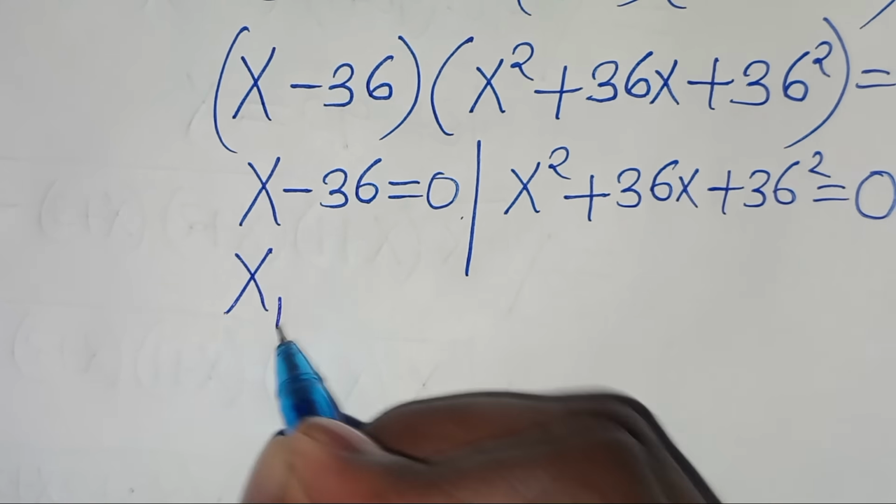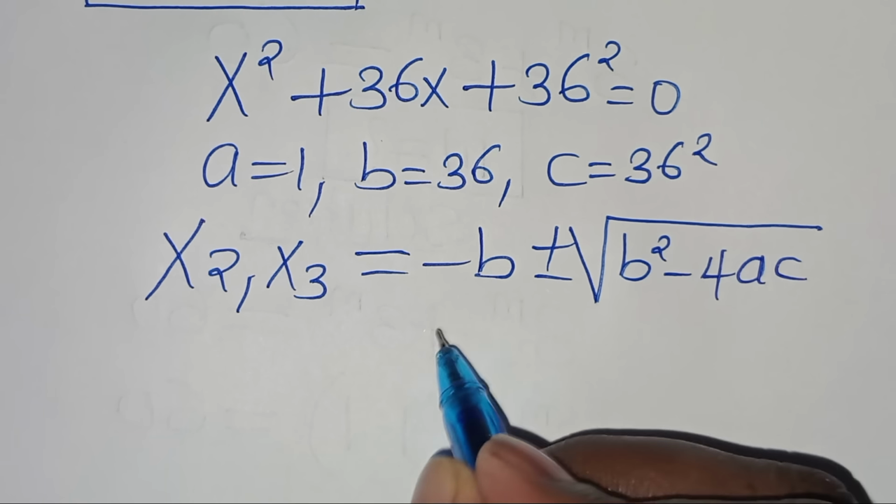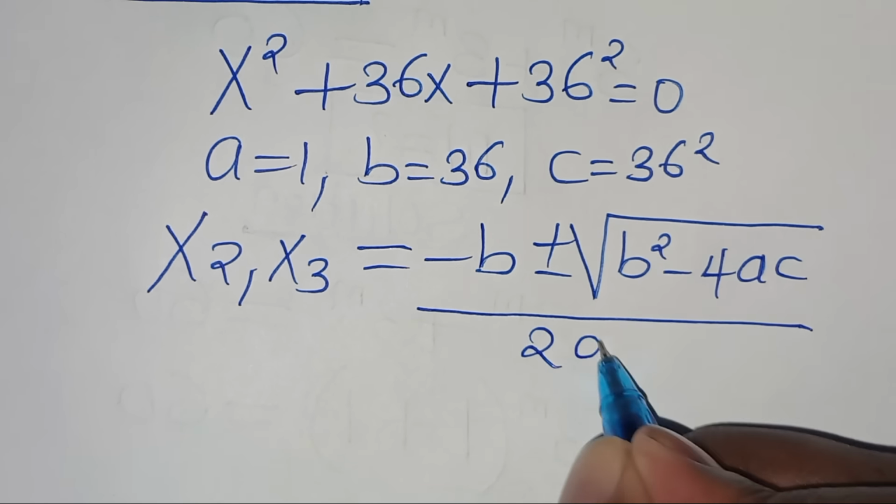Now here to solve for x2, x3, we apply the quadratic formula, which is minus b plus or minus the square root of b squared minus 4ac, everything divided by 2 times a.